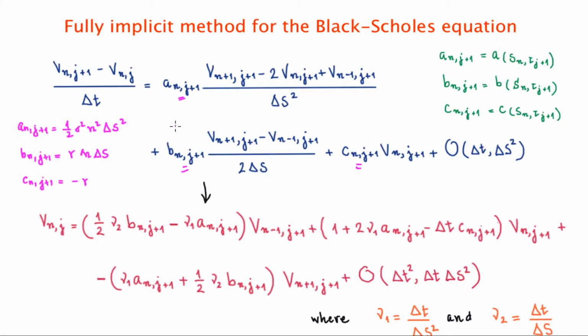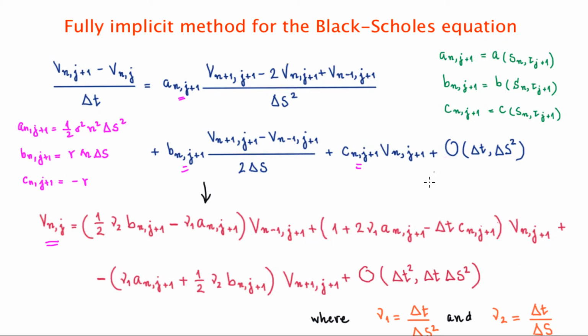So from here, as you can see, everything in the expression depends on j plus 1, but this one. So what we can do is clear from this expression this V evaluated at n and j, bring the rest to the other side, and the result we have is this V evaluated at n, j as a function of different values of the option evaluated at time j plus 1, given here.